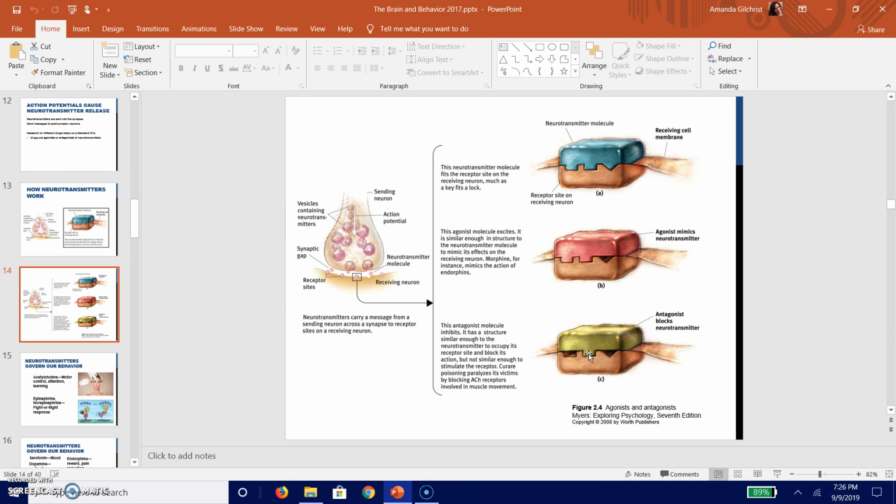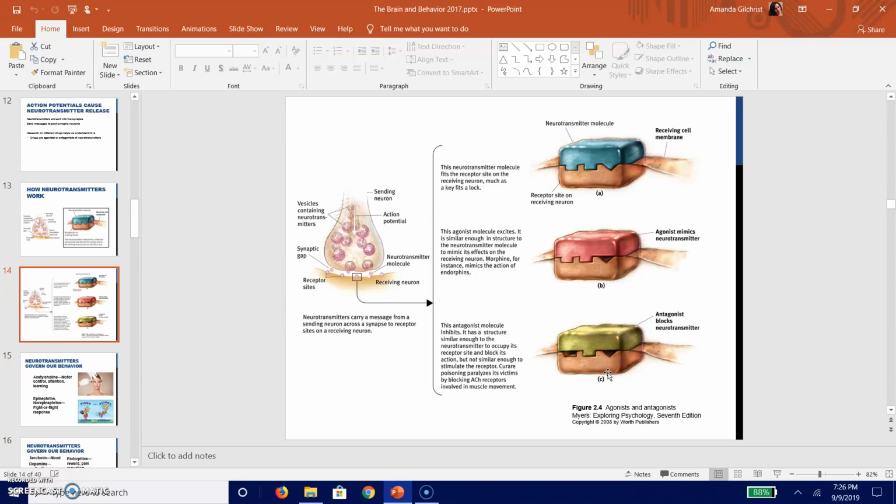On the other hand, we have what is shown here. This is a particular case called an antagonist. As you can see, just like we saw with the agonist, it has a similar structure, but the antagonist is designed to inhibit the effects of the neurotransmitter. It basically is preventing any of the neurotransmitter from getting to this receptor site by effectively blocking it. One such example that we might see is curare.